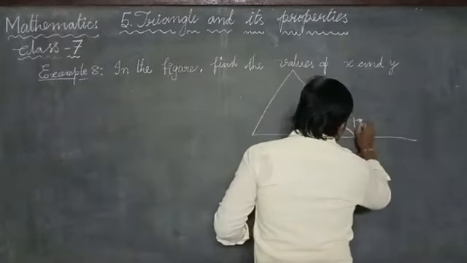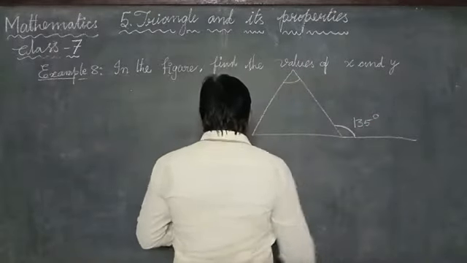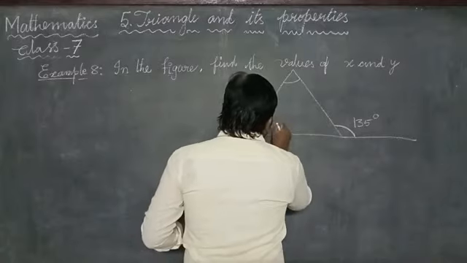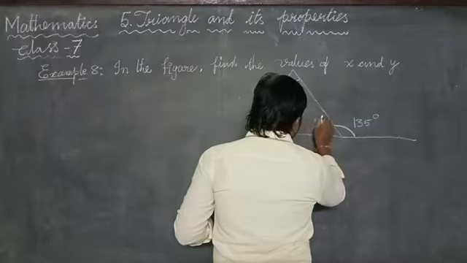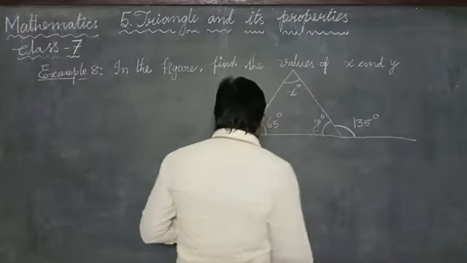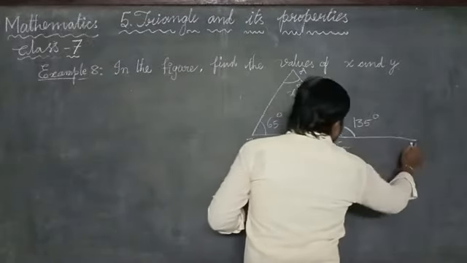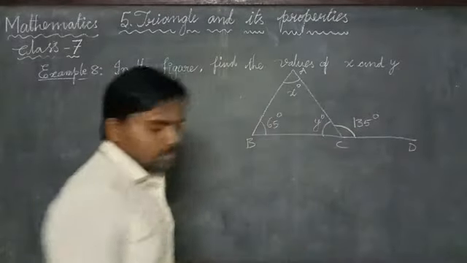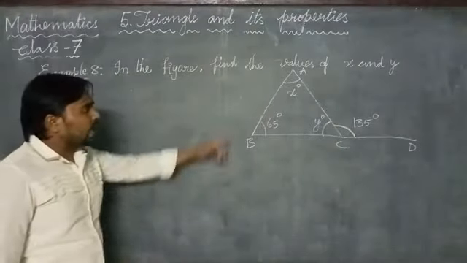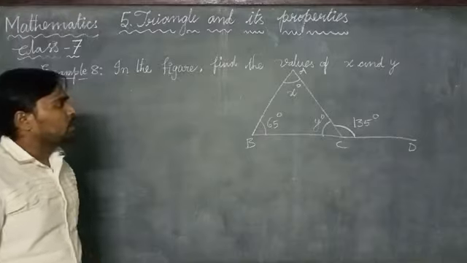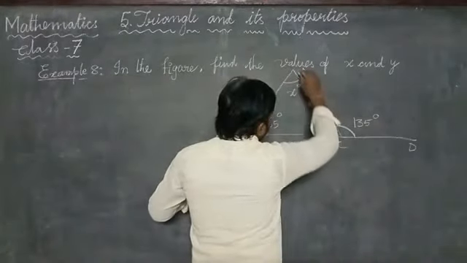This is the given figure. Here the exterior angle is 135 degrees. One of the interior angles is 65 degrees, and this is y degrees, and this is x degrees. Here the notation is A, B, C, D. In the given figure, find the values of x and y.